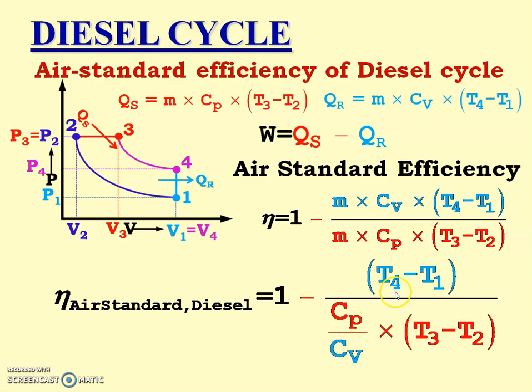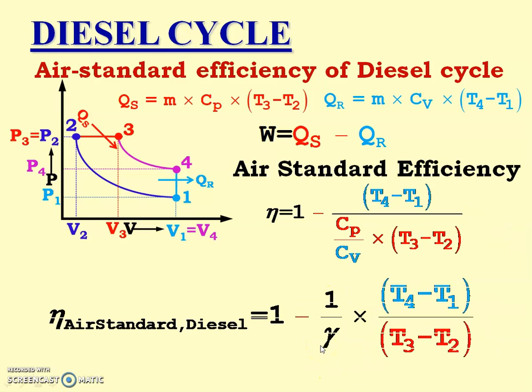So it is (T4 minus T1) divided by Cp by Cv multiplied by (T3 minus T2). What is this ratio Cp by Cv? That is gamma. So we can say that it is 1 minus 1 upon gamma multiplied by (T4 minus T1) divided by (T3 minus T2). That is the equation of air standard efficiency of diesel cycle in terms of temperature.